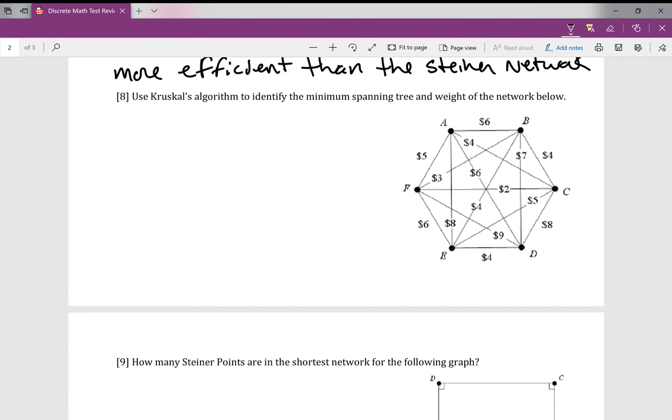Problem 8, use Kruskal's algorithm to identify the minimum spanning tree. So again, this is just constructing a graph using the smallest weights in the graph. So we just go through picking the smallest values and connecting them.